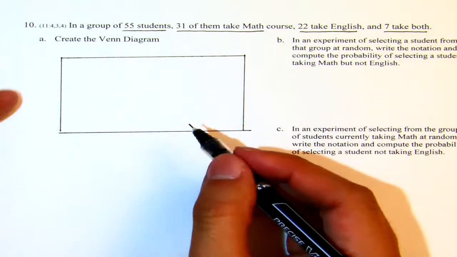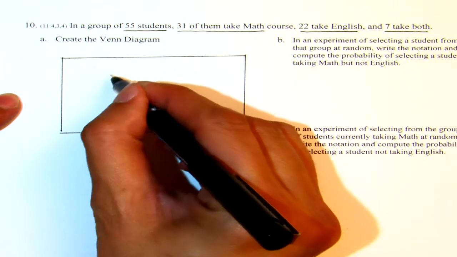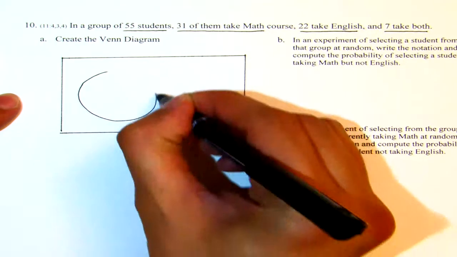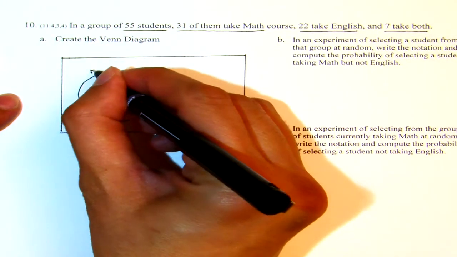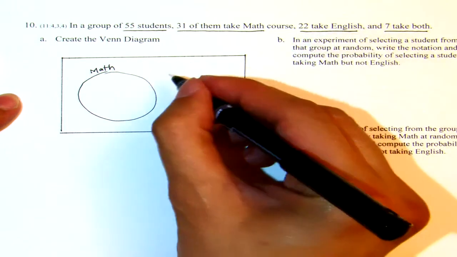Okay, and then we see that there are two groups, one of them for the math and the other one for English.